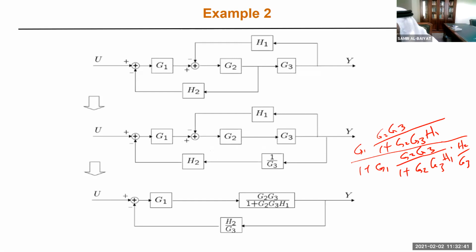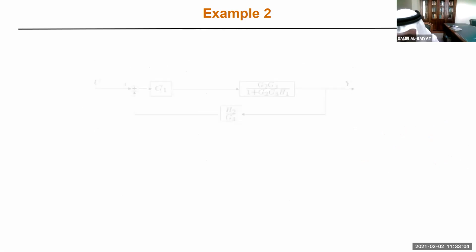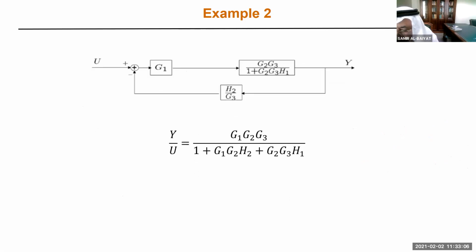But again, as I said, this is an approach. When we go to what we call the signal flow graph, it's systematic. Definitely, there is no free lunch, as they say. In each method there is an advantage and a disadvantage.